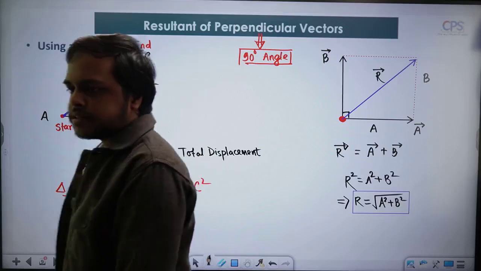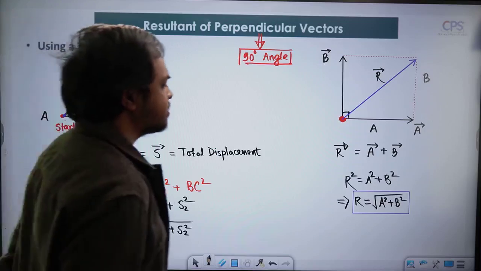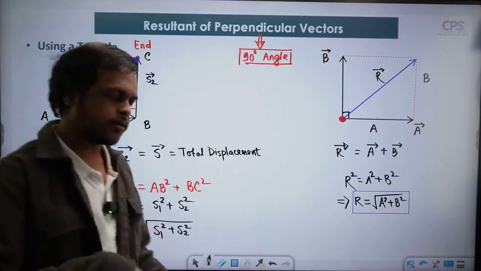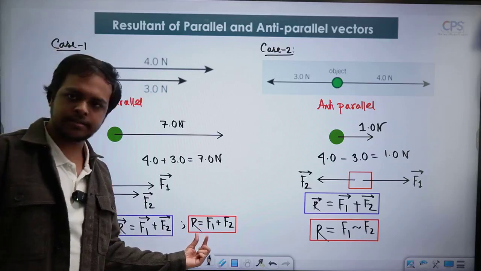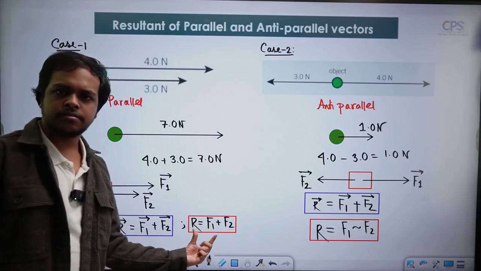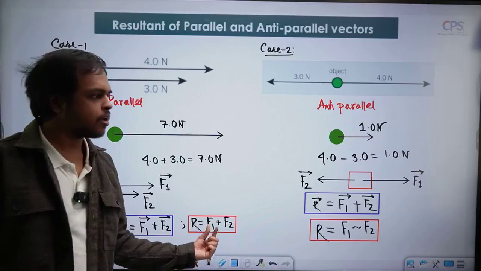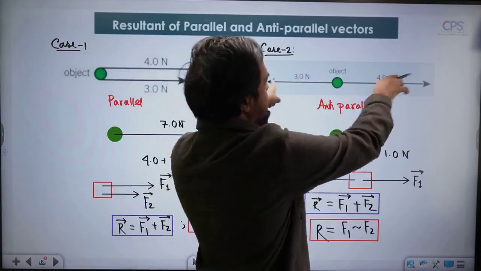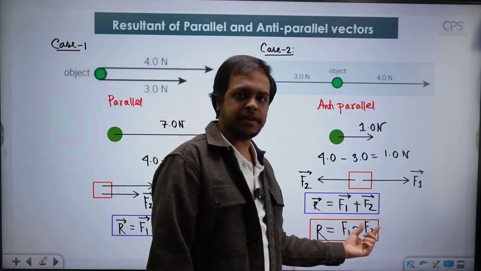See, this is the theory. So, if two vectors are perpendicular to each other, then this is the resultant. Remember one more time, if two vectors are parallel to each other, the resultant is the straight summation of values. If two vectors are anti-parallel to each other, the resultant is the difference between them.